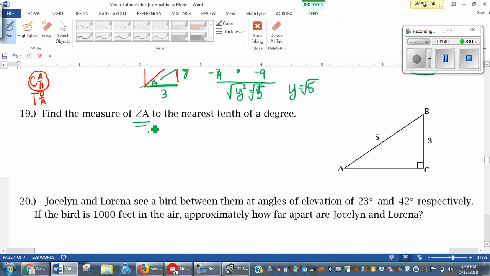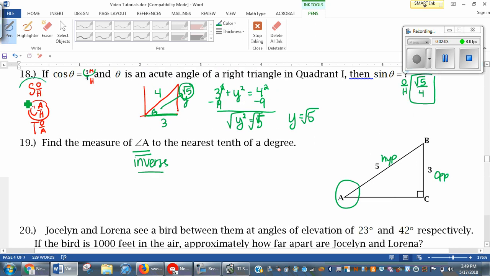Okay, so here they say find the measure of an angle. Remember, if I want to find a side, I want to use just regular sine, cosine, tangent. But if I want to find an angle, I want to use inverses. So I want to use the opposite and the hypotenuse. OH, if you remember from SOHCAHTOA, is the sine.